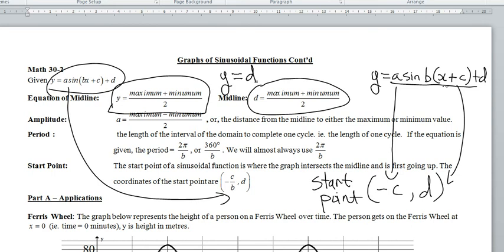Here, the x or the t, the variable, is by itself in the brackets with the c value. So for those of you that have done transformations, you'll recognize this is the form we would want, right? We need to get x by itself, and then we just say it goes left c units or whatever. And in this case, to get x by itself, we divide it out, and that's why it's negative c over b. The negative to flip the direction, and the c over b to take the b out.